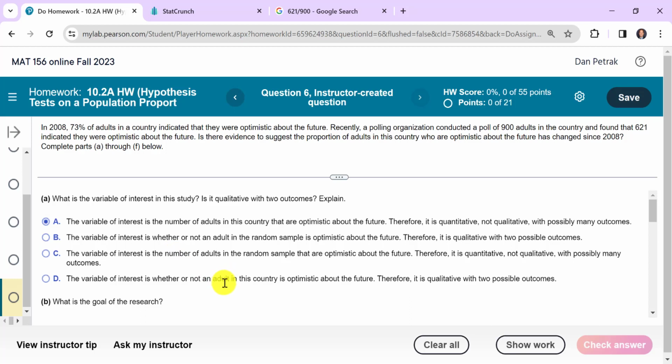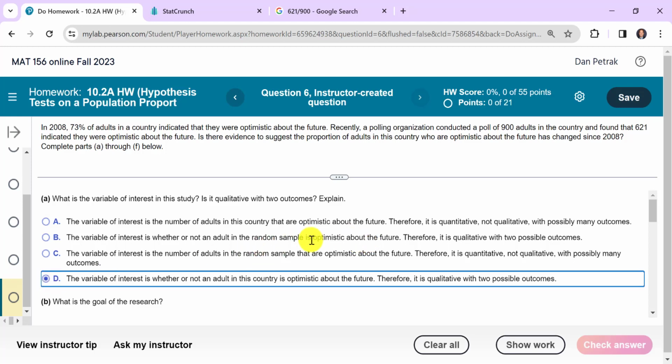The variable of interest is whether or not an adult in the country is optimistic, and it only has two possible outcomes. Therefore, it is qualitative with two possible outcomes. Hopefully, that's right.